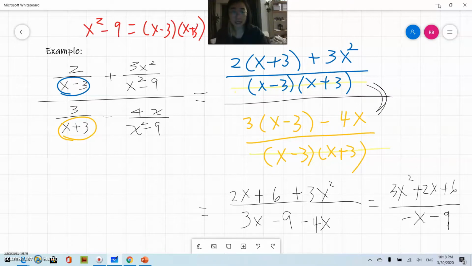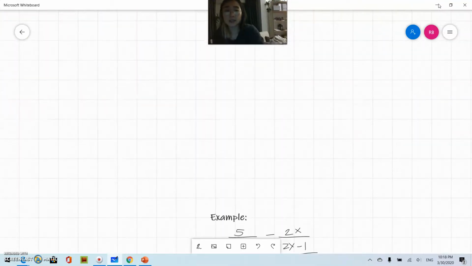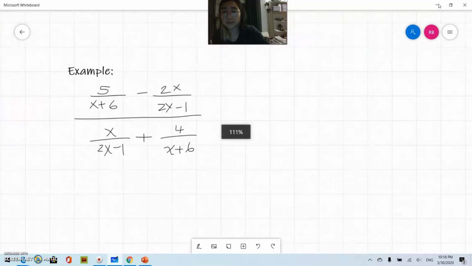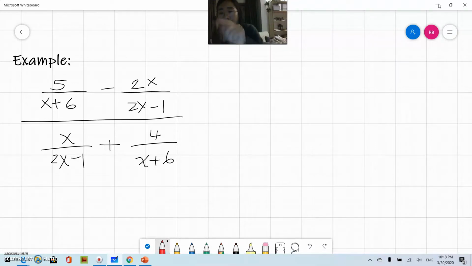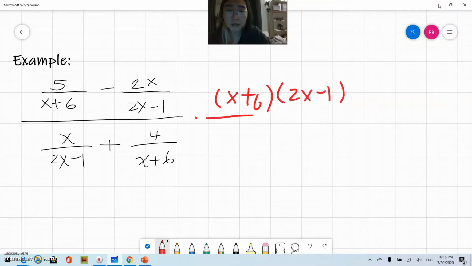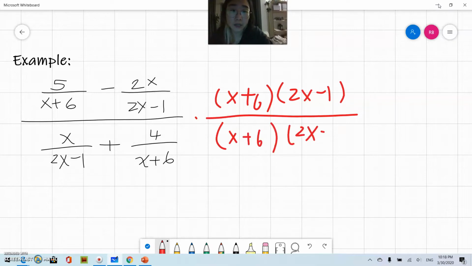And so that's it. Last example of today, which is the same thing, but this time we're actually going to use method 2. Okay, so do you see how there's x plus 6 and 2x minus 1 as denominators? That means I'm going to multiply x plus 6 times 2x minus 1 on top and x plus 6 times 2x minus 1 on the bottom.